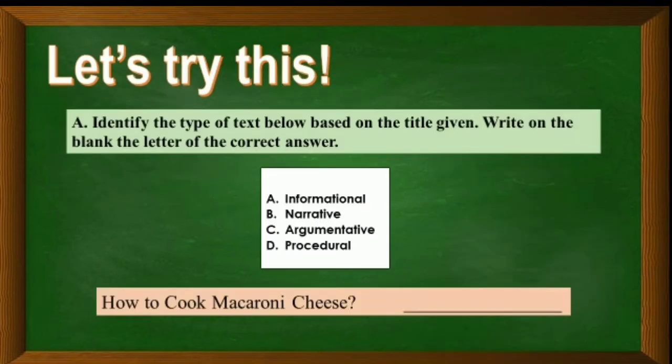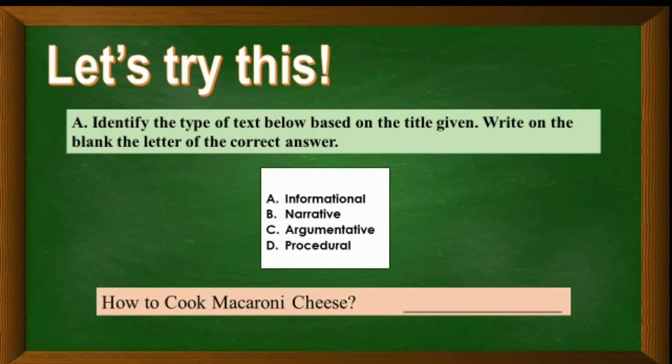With that, let's try this type of text, which says you have to identify the type of text below based on the title given. Write on the blank the letter of the correct answer. A for informational, B for narrative, C for argumentative, and D for procedural. Are you ready? Now let's try this one.